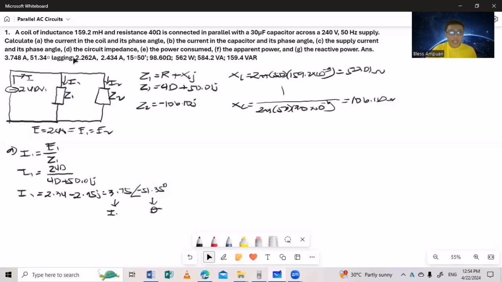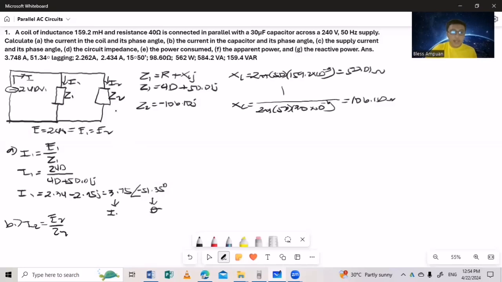Now next is letter B, the current in the capacitor and its phase angle also. In our capacitor, we know again that the current in the capacitor, which we designate as I sub 2 for our pure capacitive, is E sub 2 over Z sub 2.